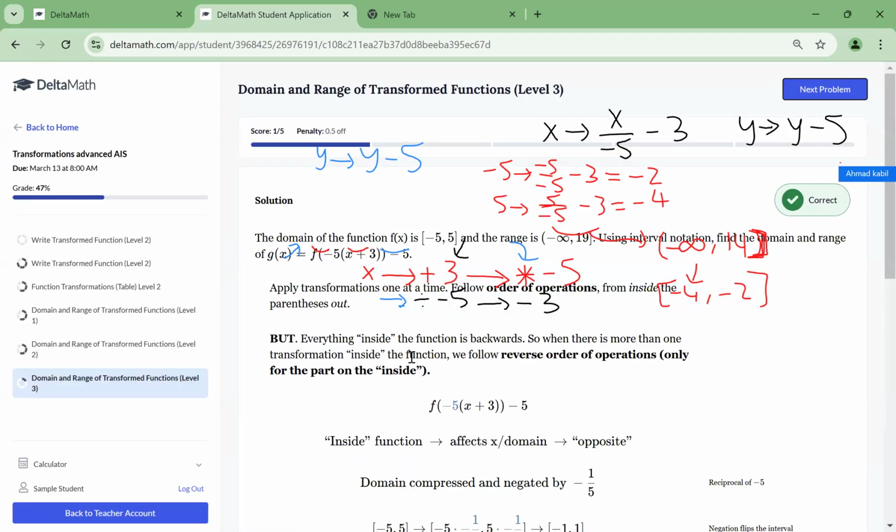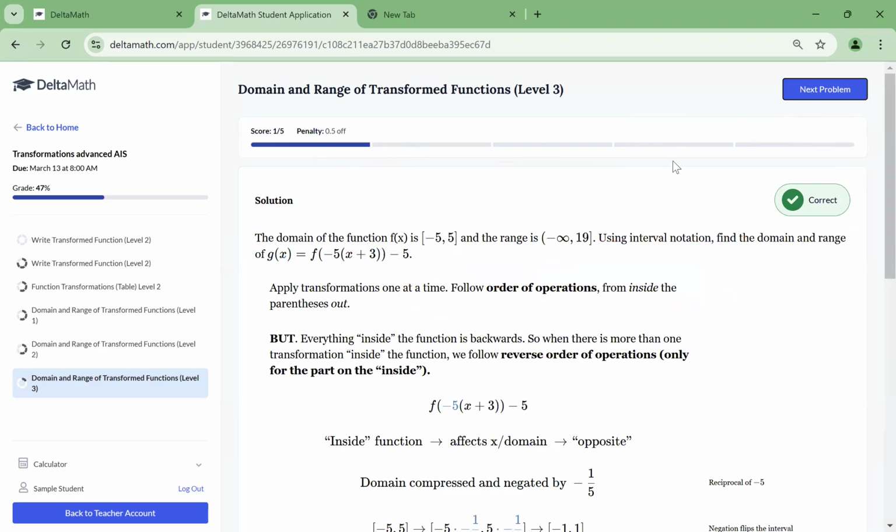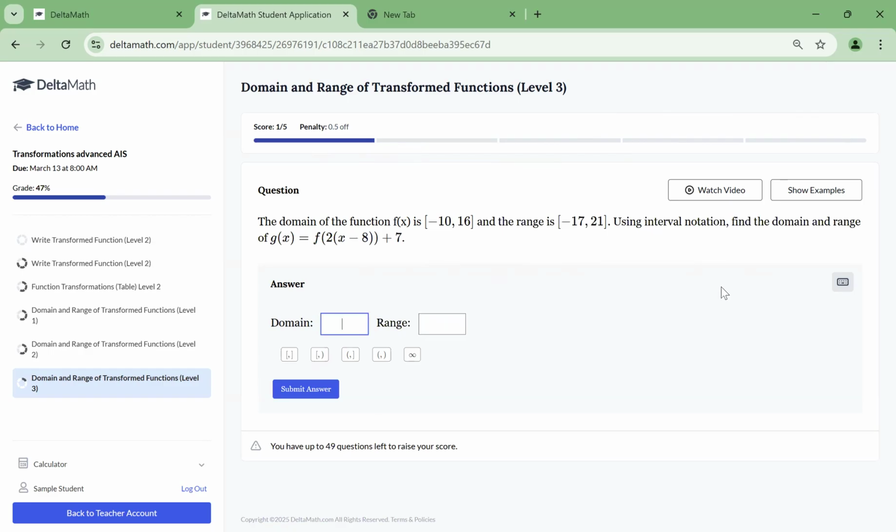Let's try another problem. So we have a domain and a range, and we want to apply these transformations. For the vertical, we see that we only have +7. So y just becomes y plus 7. Now for the x, we want to see what we observe. What does the x experience according to our observation?